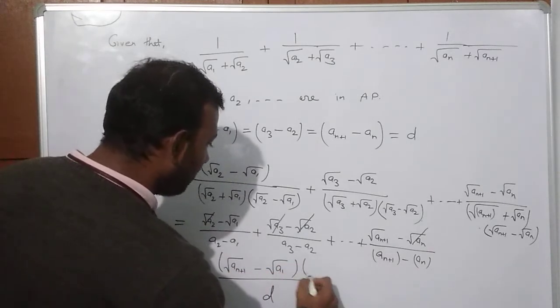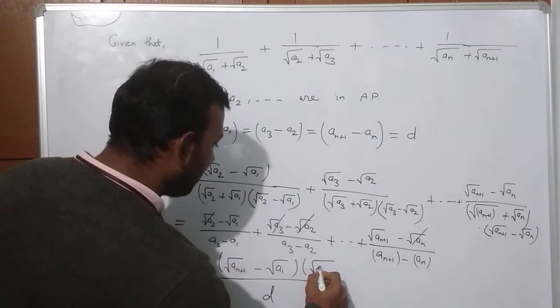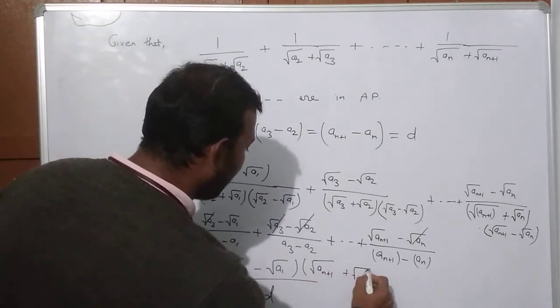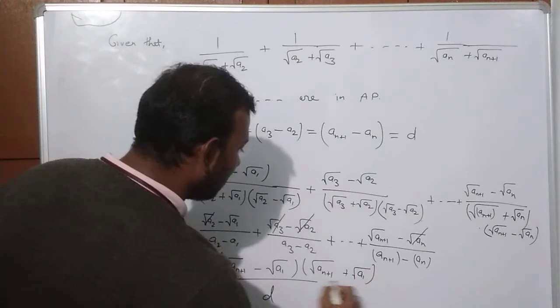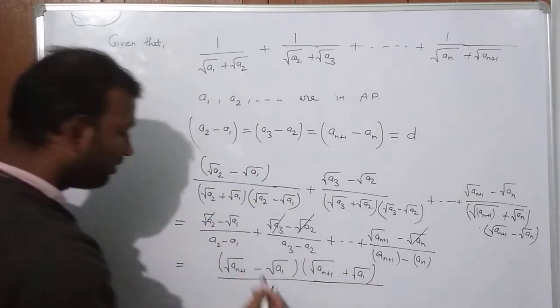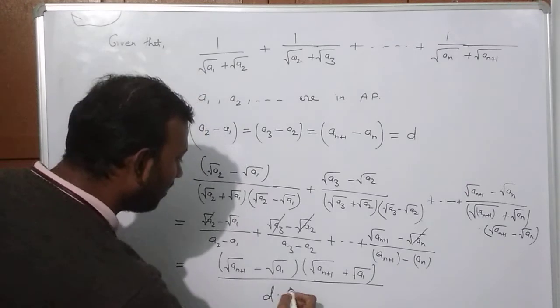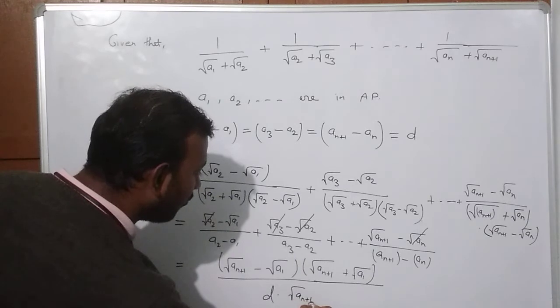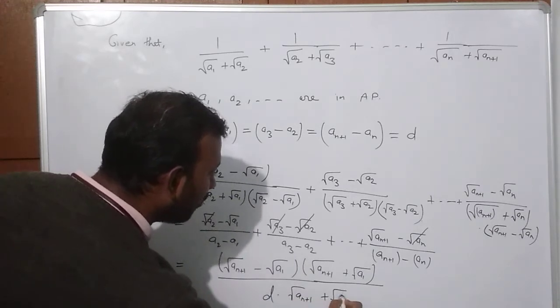Under root a n plus 1 plus under root a1, and to neutralize this, what will we do? We will multiply the denominator also by under root a n plus 1 plus under root a1.